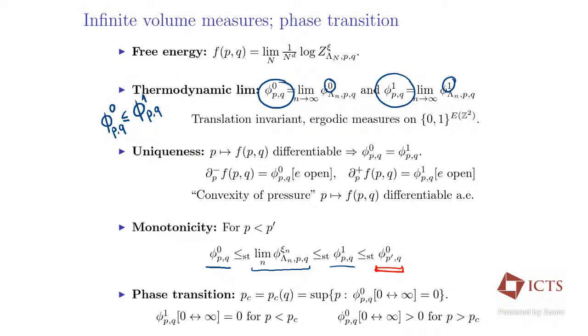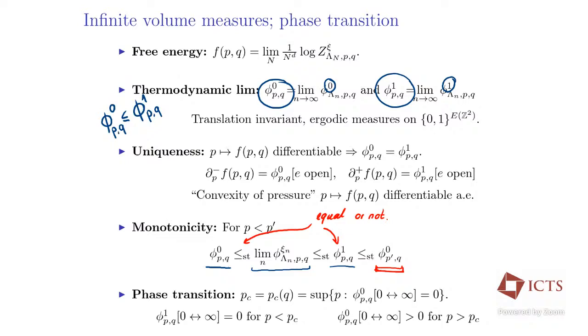And so you could have values of P for which these are equal, in which case you have a single infinite volume measure, or not. You could have values for which the wired and free measures are not equal, and then you have a priori more than one infinite volume measure, and a priori infinitely many.